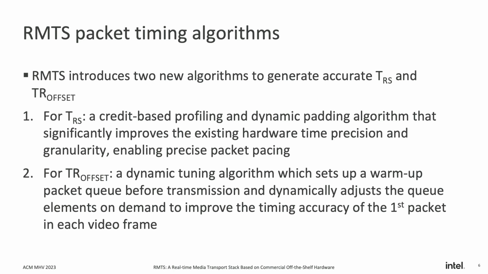We have a credit-based profiling and dynamic padding algorithm that improves the precision time dramatically. It changes it from being stochastic to being quite precise. And we can gain a lot of granularity with this two-part algorithm, the credit-based profiling and the dynamic padding. And I'll talk about that one in a moment.